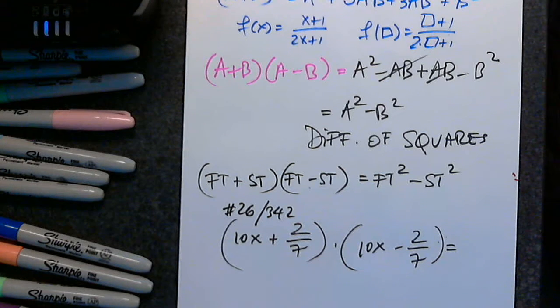Are they the same? And the only difference is this sign. So are these two the same? Yes. Are these two the same? Yes. Is the sign one positive and one negative? Yes. Can I use this? Yes. So please give me the answer.